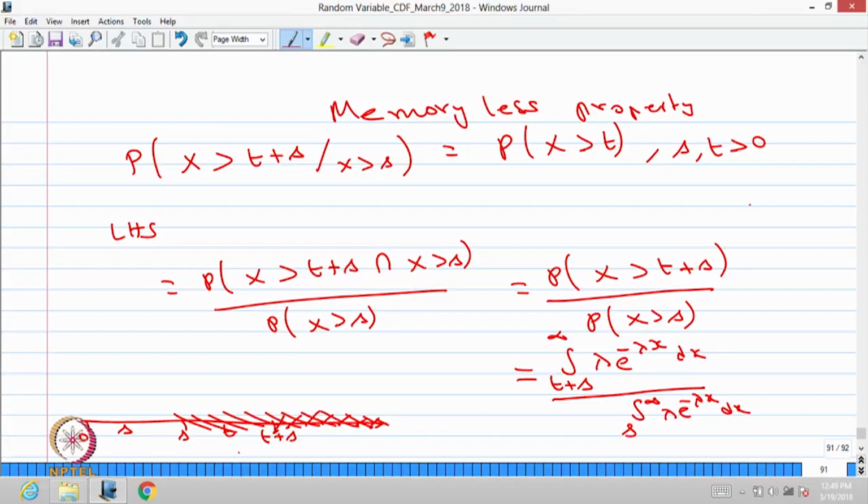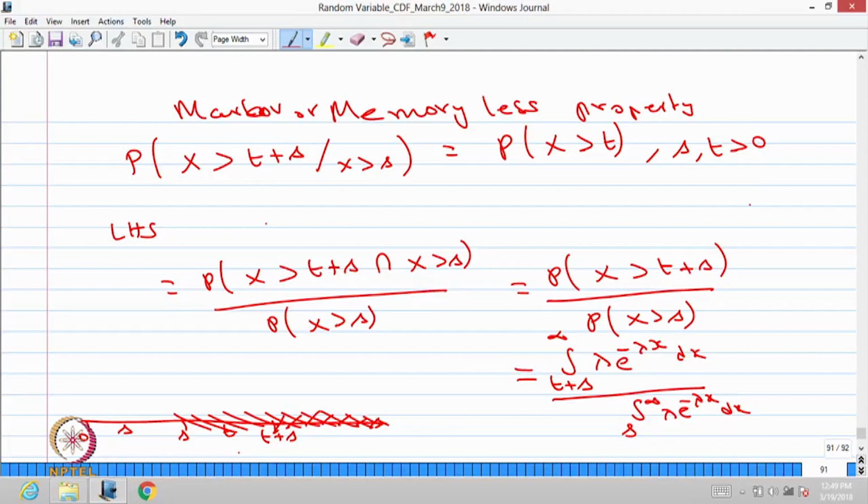There is another name for this property, the Markov property. Either we call it the memoryless property or the Markov property. Because the information about s disappears, it is called the memoryless property.